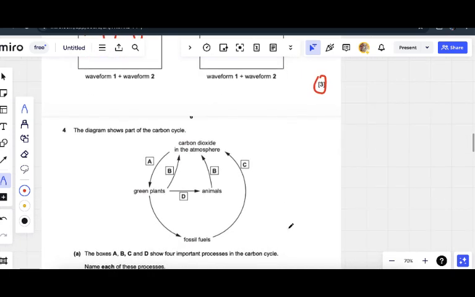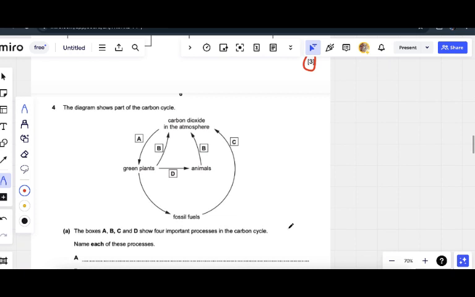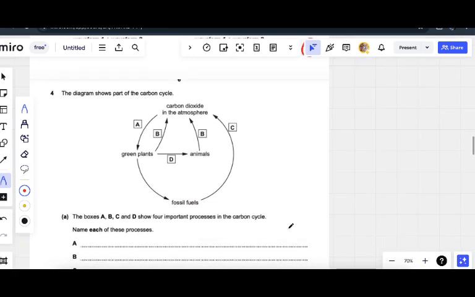Question 4 will be either chemistry or biology again. Now here we're going to the carbon cycle, and we're going to be asked some questions in this carbon cycle.